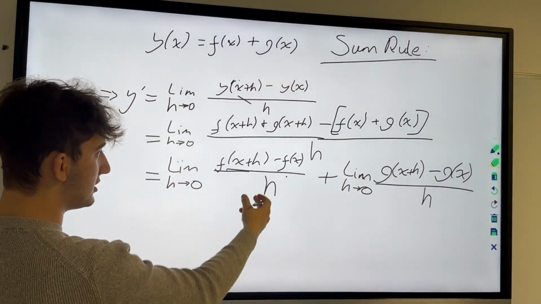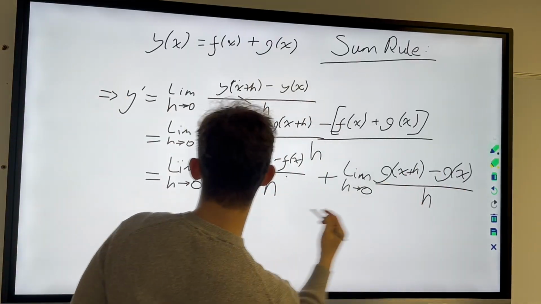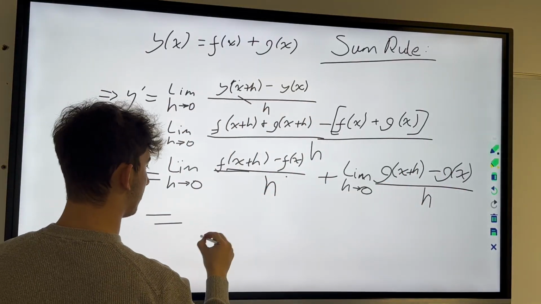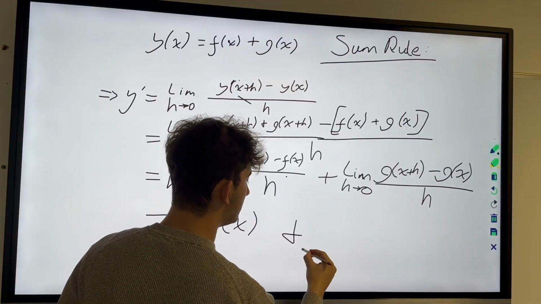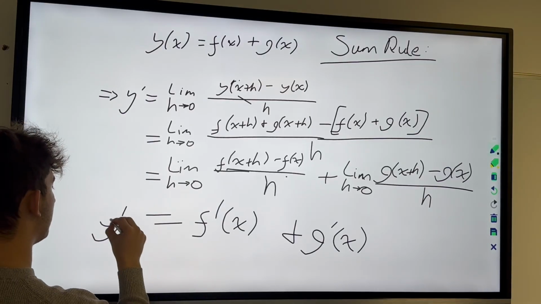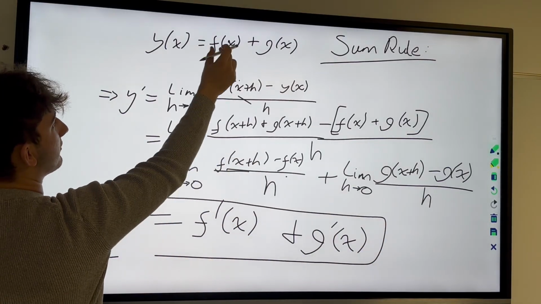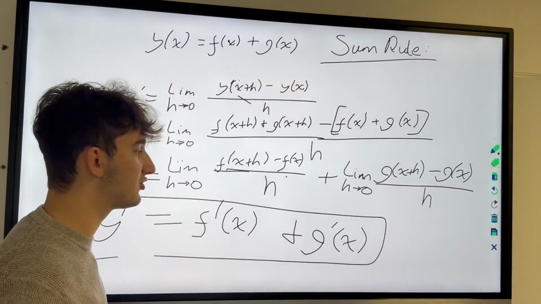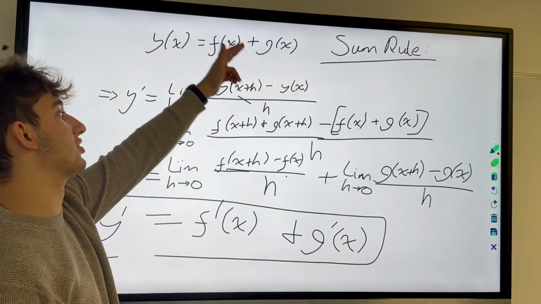You'll notice this is the same form as the first principle, and so is this. So what are they? This is just going to be f prime of x, and this will be g prime of x. So our y prime is going to be all of this. And that's how I know that I can just split up the derivative into separate parts.